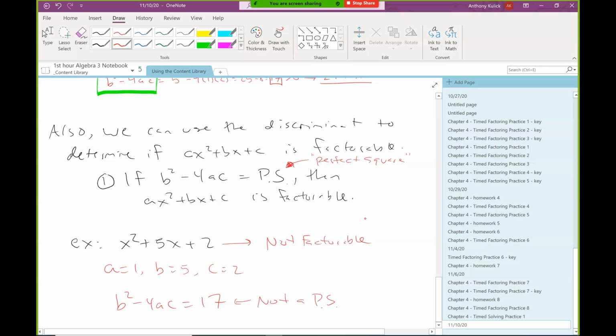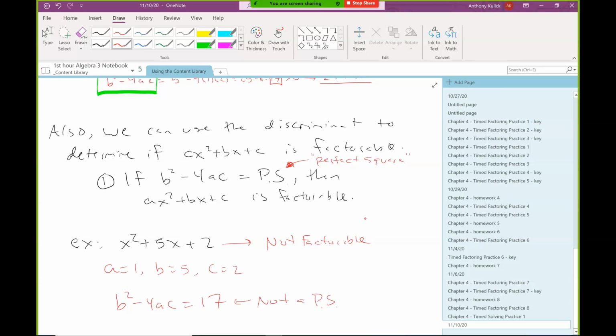Now, for the most part, if the leading coefficient is 1, I don't really need to do this very often. It's going to be faster to just check to see if it factors by inspection than to plug this in and do the calculation. But if that leading coefficient isn't 1 and the numbers are quite large, or you're just not sure, like, did I forget one, or maybe this thing doesn't work?